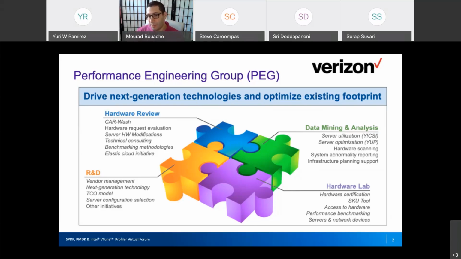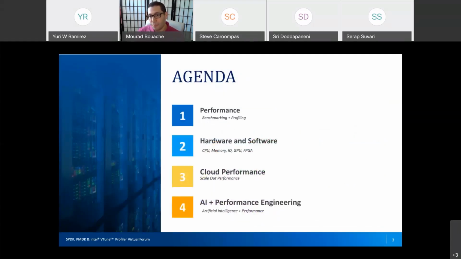So I'm going to talk about all these things through the agenda: performance, benchmarking, and profiling; hardware and software; different components on the server, CPU, memory, I/O, GPU, FPGA, different intensive compute resources; cloud performance, because we cannot talk about performance without the cloud; and artificial intelligence and performance engineering, how we can work together to solve performance issues and bottlenecks.